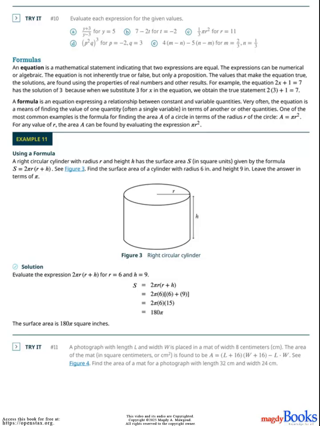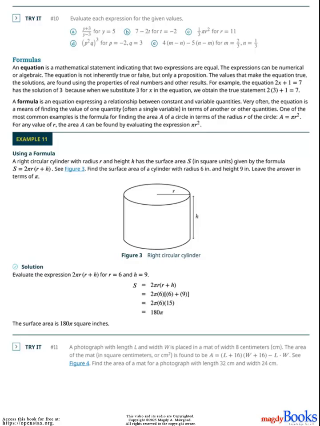Solution. Evaluate the expression 2πr(r + h), for r = 6 and h = 9.